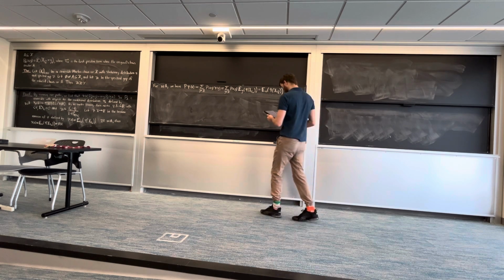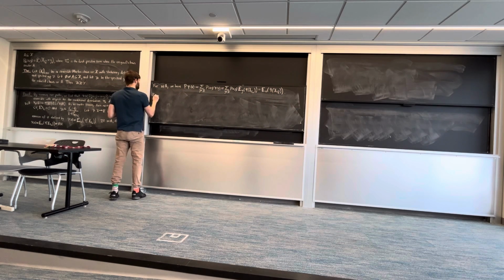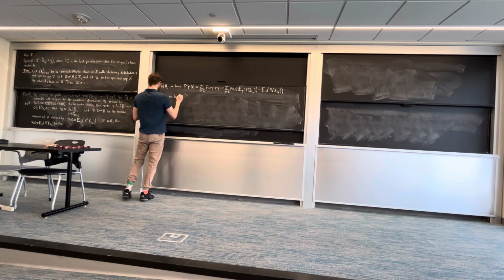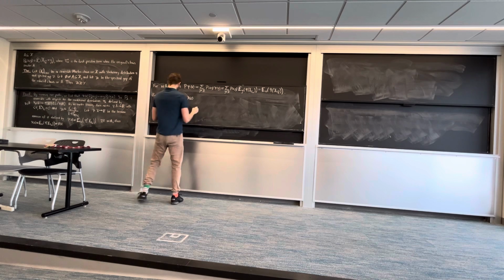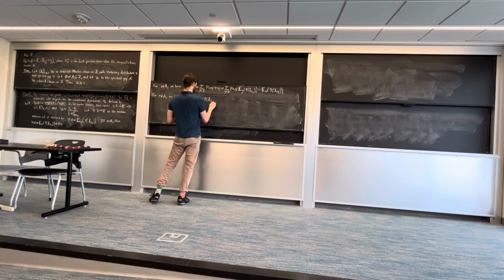Let me just write, if x is not in A, p psi of x is, okay, in this case it's the expected value of phi of x at tau A plus.